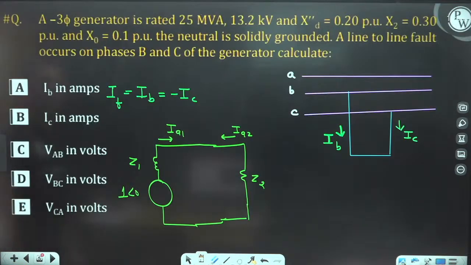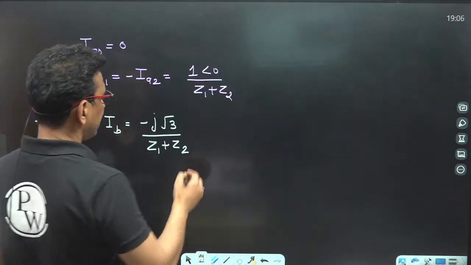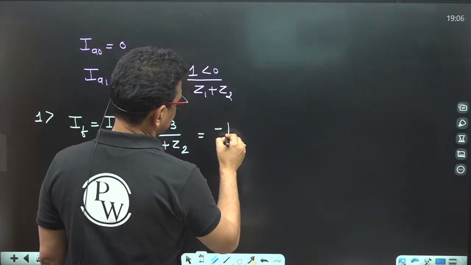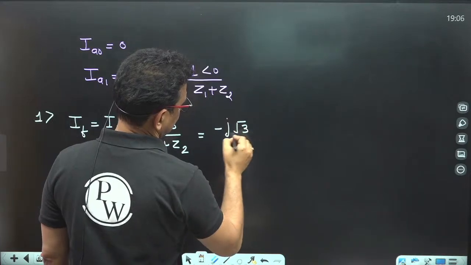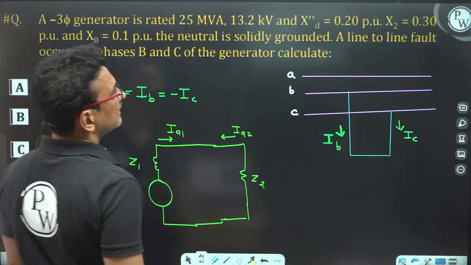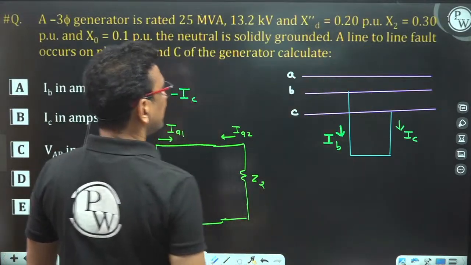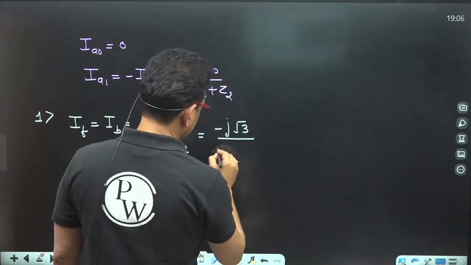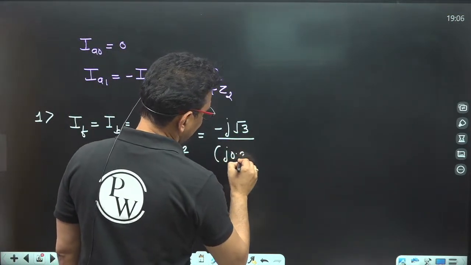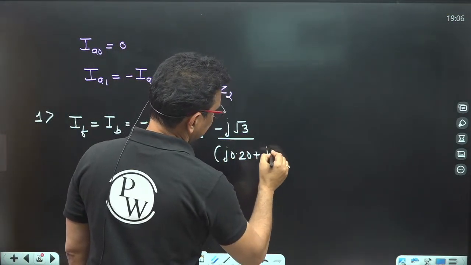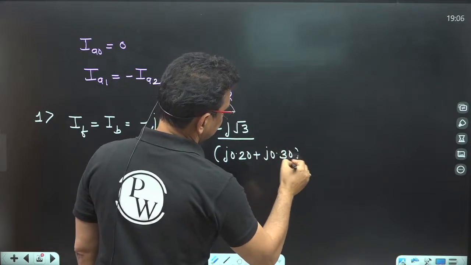So minus j root 3 divided by Z1 plus Z2, only the reactive is there. So minus j root 3 divided by j 0.20 plus j 0.30.